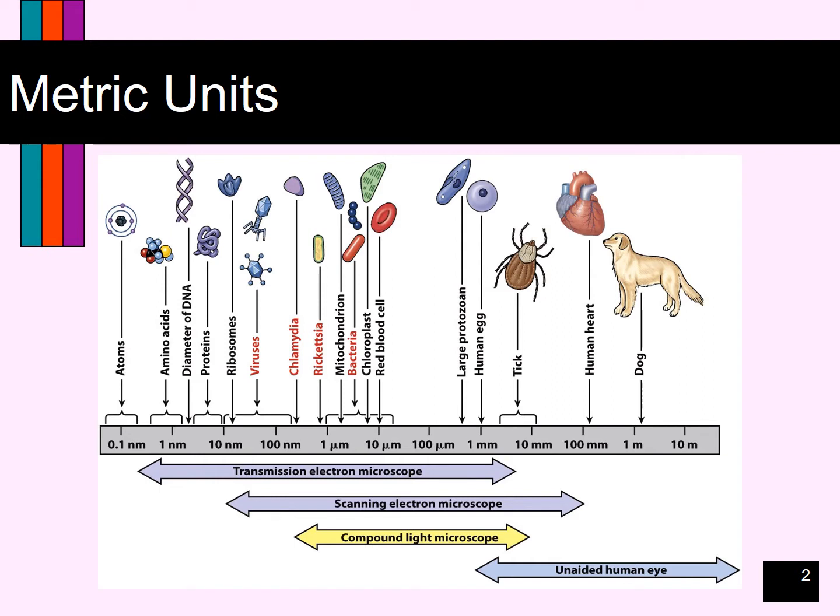With the scanning electron and transmission electron microscopes, the illuminating source is the electron, which has a much shorter wavelength, which means that you can see much smaller organisms and much more definition of detail, because you are resolving smaller structures than you can with the light microscope.